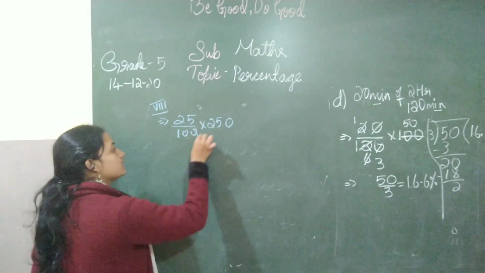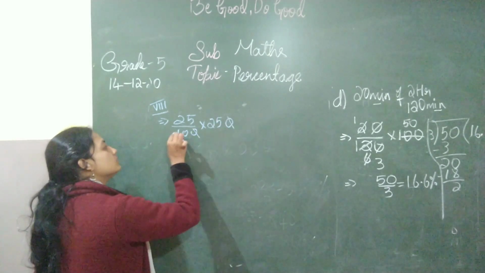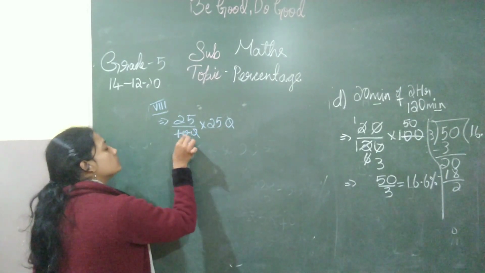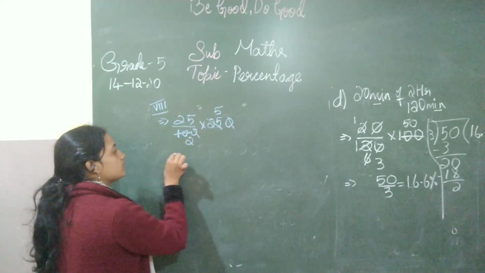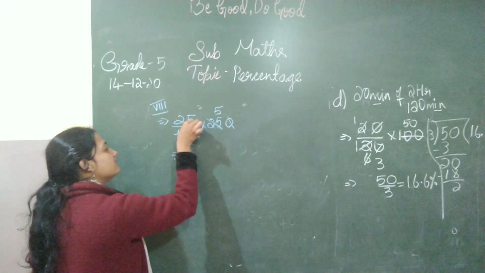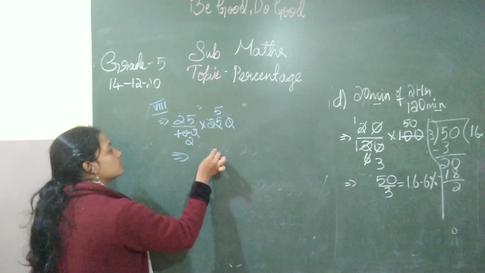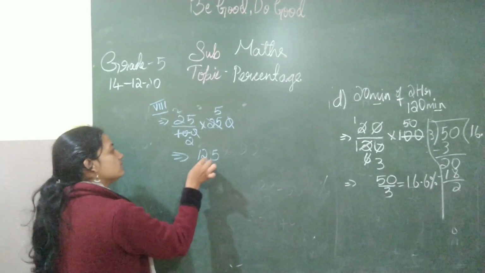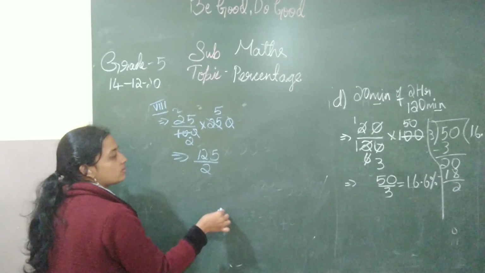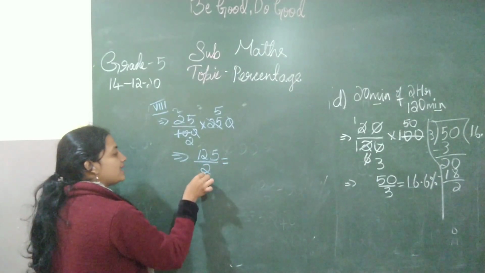So let me see what is the number I get. 2 5s are 10, 5 5s are 25. So 125 divided by 2. Now divide this and see what is the answer you get.